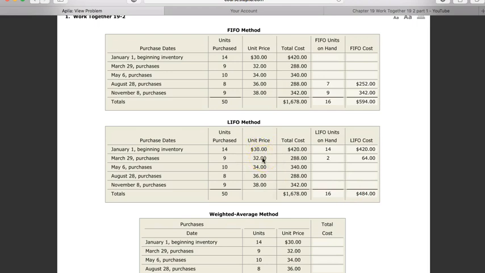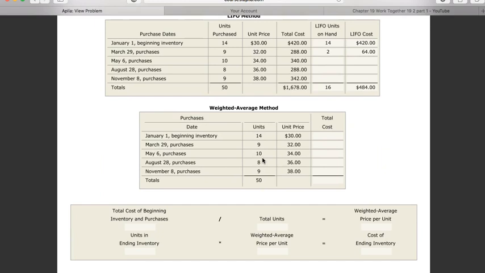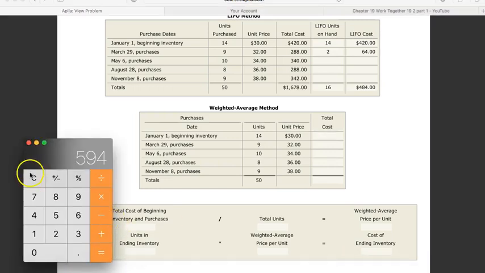Okay, so the weighted average, and I'm just going to turn to my notes so that we know what we're doing. We have 16 on hand. We're just going to first calculate our prices so that we can average them out.